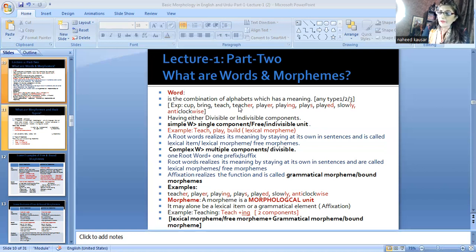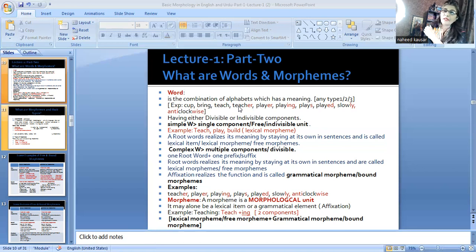If we are able to divide the components, you should keep one thing in your mind, that yes, in this word there are multiple morphemes. But if it is indivisible, of course there is just one single morpheme, and that is for sure the lexical morpheme, right?